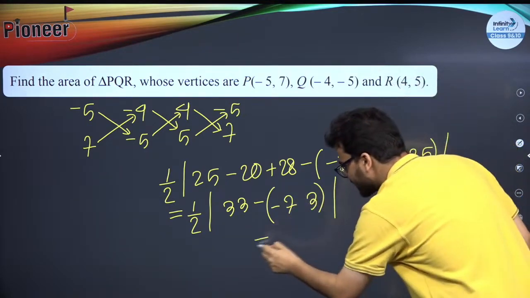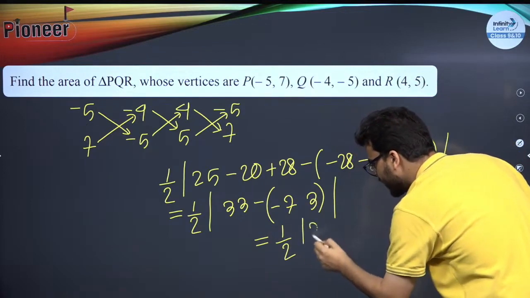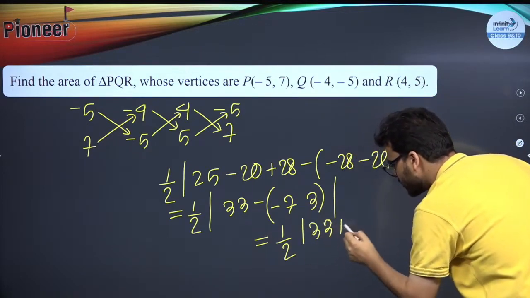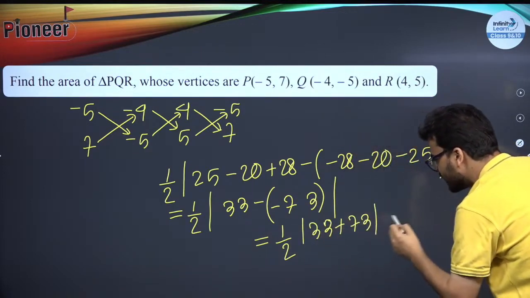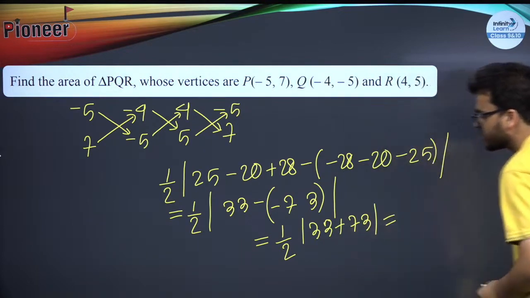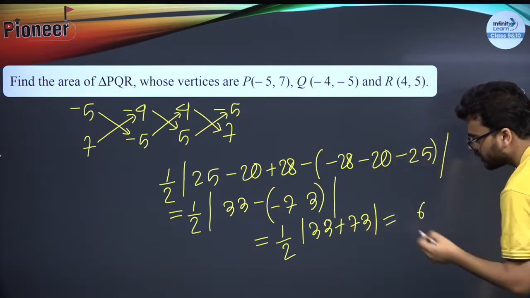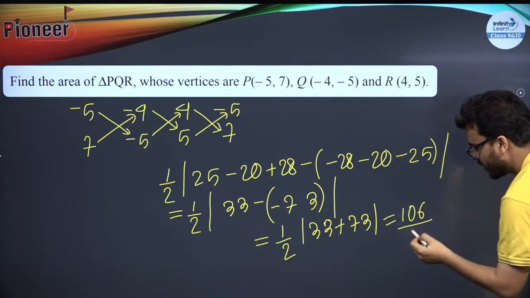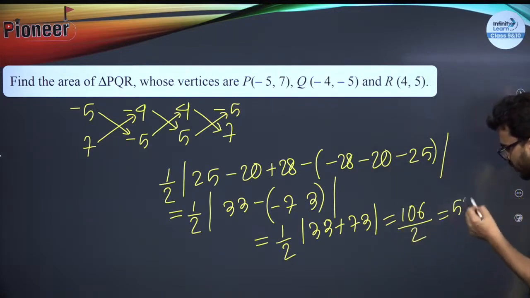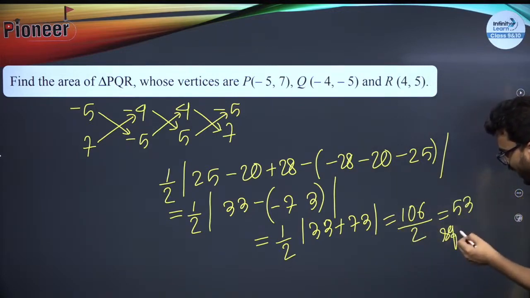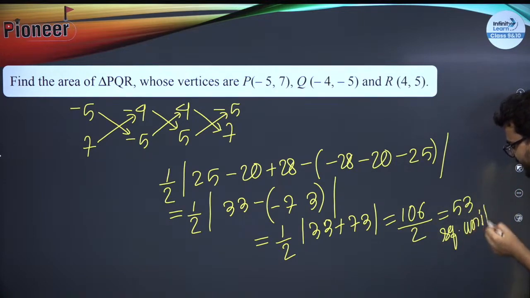So that will be what, guys? Half into 33 plus 73. You see this is a positive number, so the modulus will also give the same value outside. So this is going to be 106 by 2, and the area of this triangle is coming out to be 53 square units using the formula. So it's a direct question, guys.